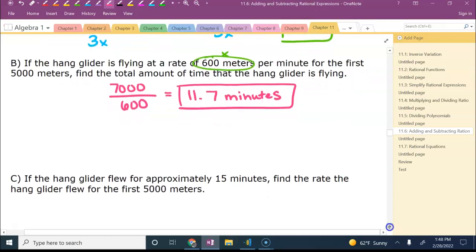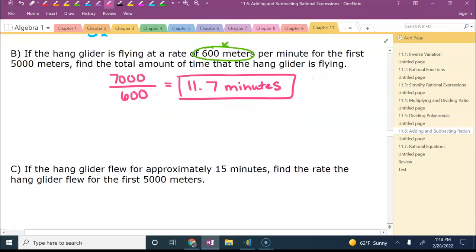Now, additionally, they also then say if the hang glider flew for approximately 15 minutes, find the rate that the hang glider flew for the first 5,000 meters. So again, we can use this same equation that we found up above, that 7,000 over x. This time, we're trying to find the rate, so that's why I put x on the bottom. But we know that the time was 15, so it equals 15.